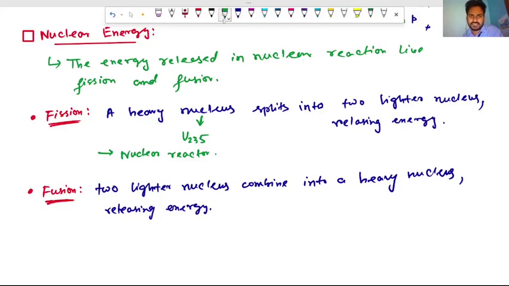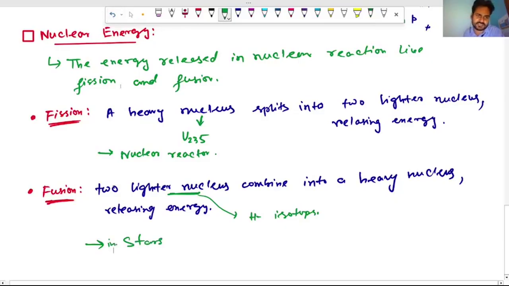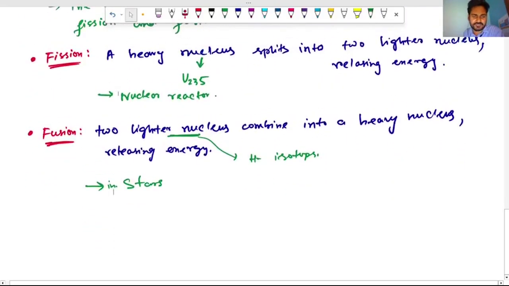Where do we see this fusion? We see it in stars. In stars, nuclear fusion takes place.